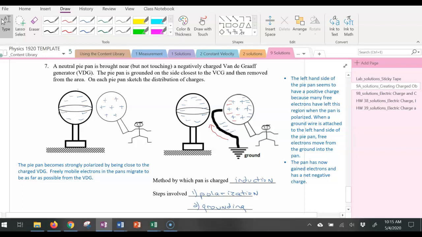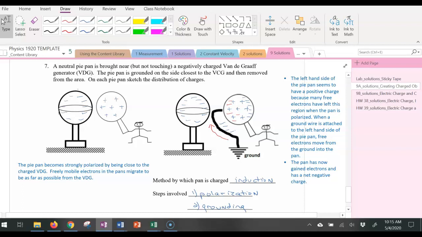And so when the ground is connected to that seemingly positive region of the pan, electrons move from the ground into the pan. So by grounding this side of the pan, Mike is able to cause the pan to gain excess electrons, and so then it has a net negative charge.